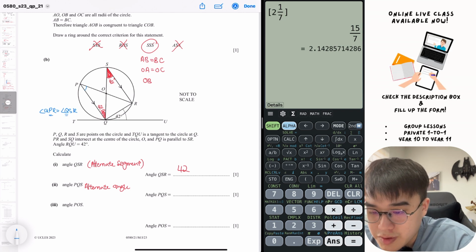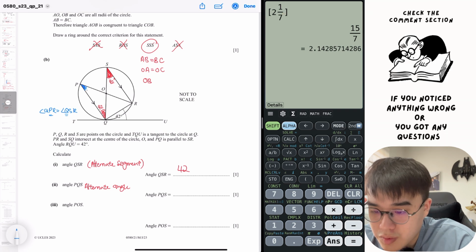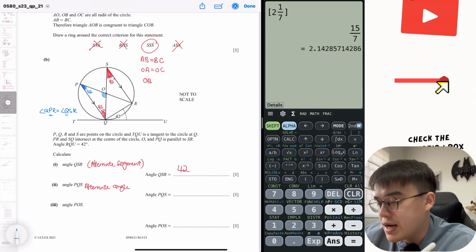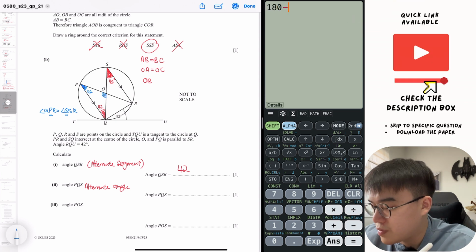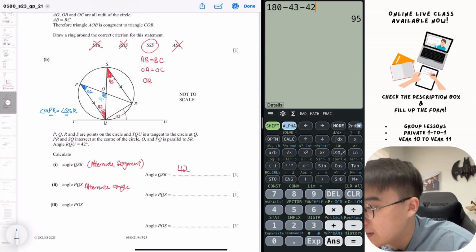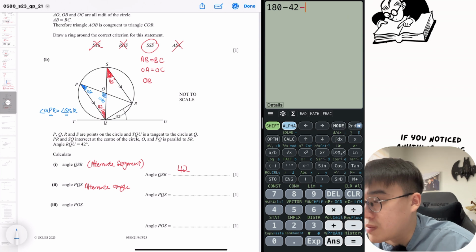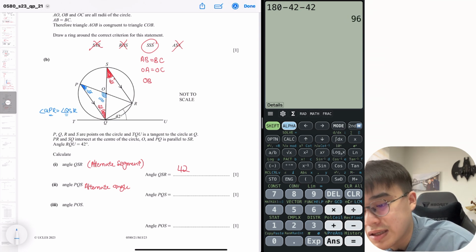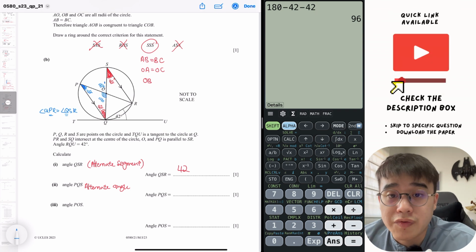So this will help us to prove that here is 42, and with this you'll be able to find the center first. 180 minus 42 minus 42, you will get to 96, and hence the balance is just 84. So this is one of the method.